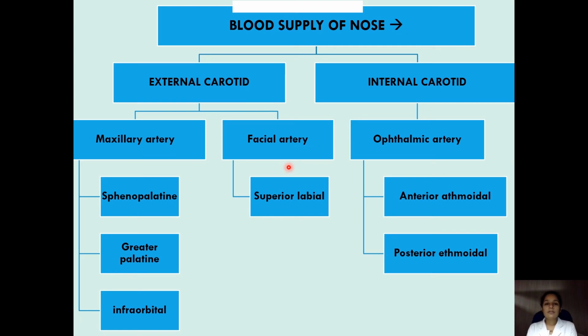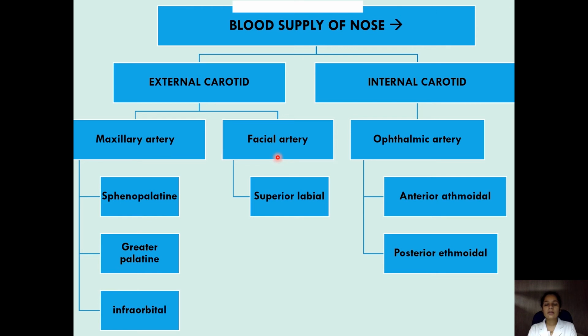So the blood supply of the nose is mainly from two branches of the external and internal carotid artery. The external carotid artery has two main branches which supply the nose, the maxillary and facial arteries. From the maxillary artery there are the sphenopalatine, greater palatine and infraorbital arteries.